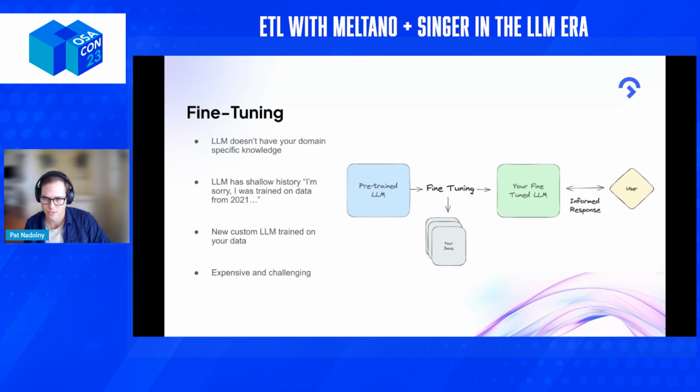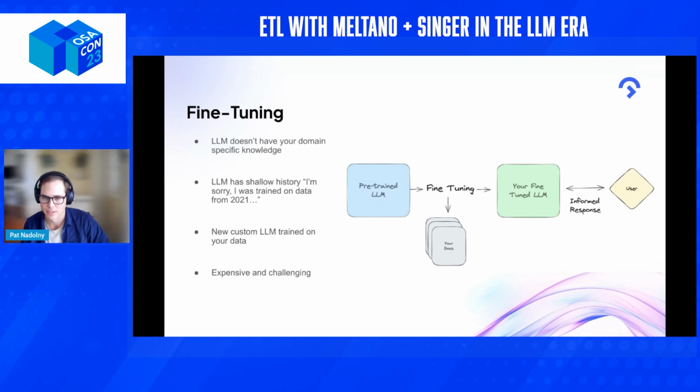The first, obvious way to solve this problem is to fine-tune the pre-trained LLM, which this diagram on the right shows, where you take the pre-trained LLM, you feed in your documents, and it produces this new fine-tuned LLM, which, if you imagine a custom chat interface, would interact with, and it would provide informed responses when you give it questions about your domain.